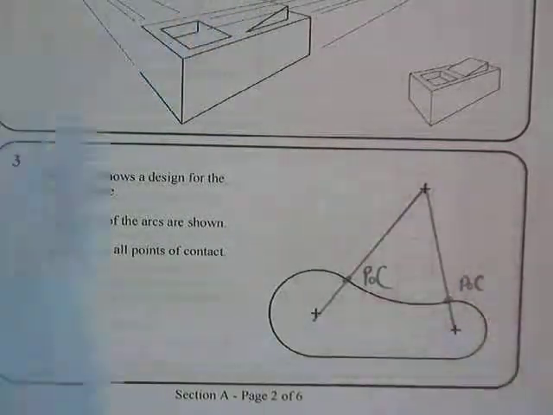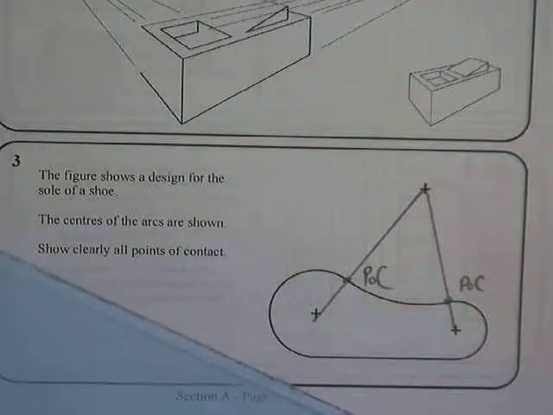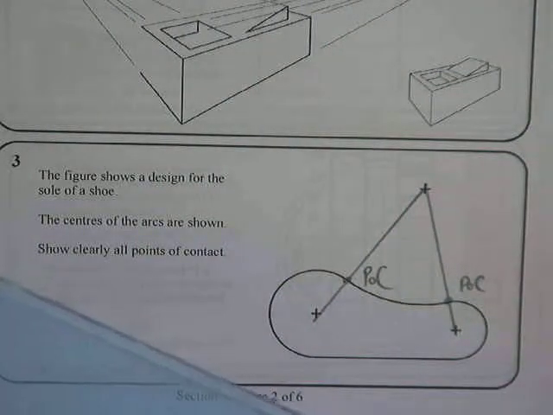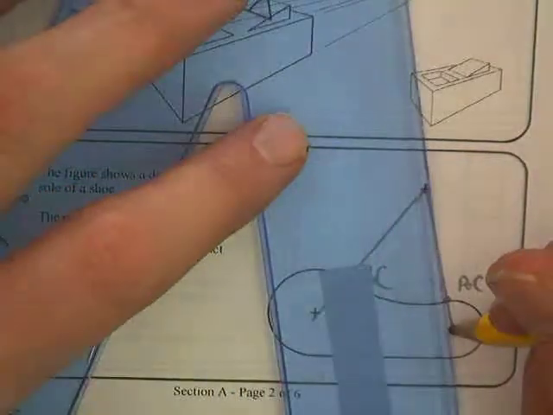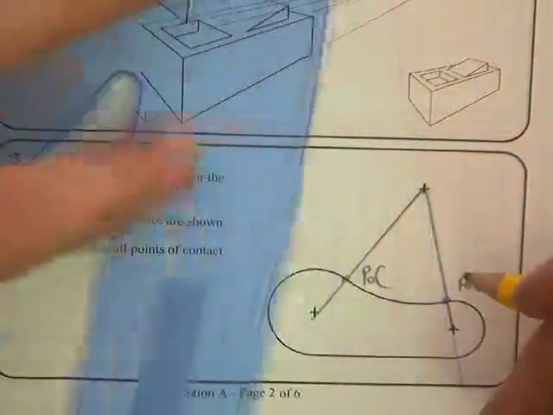Alright, is everyone okay with that? No, you have to join the centres together, Stephen, alright? And it was worth you asking me that question so you don't do it in the exam. Oh, yeah, absolutely. Good call actually, if you continue that over there.